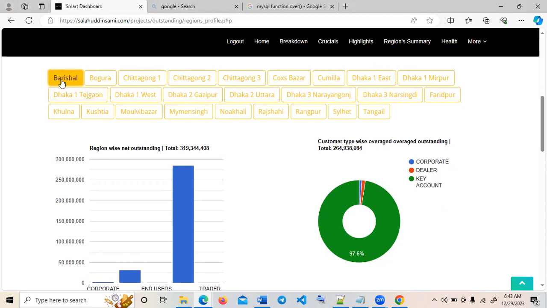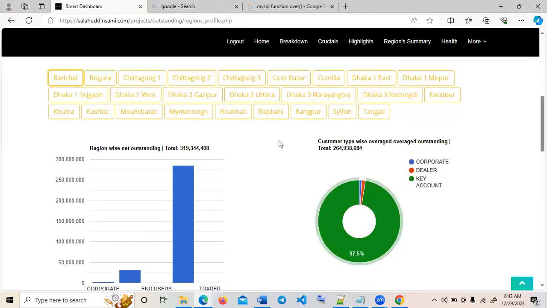In this region, Borishal, 97.6% of the total sales amount is occupied by key account types of customers.